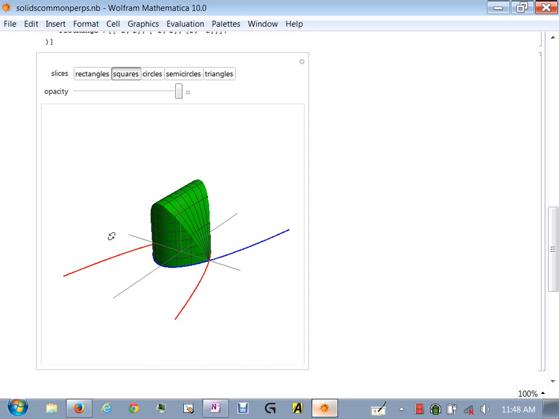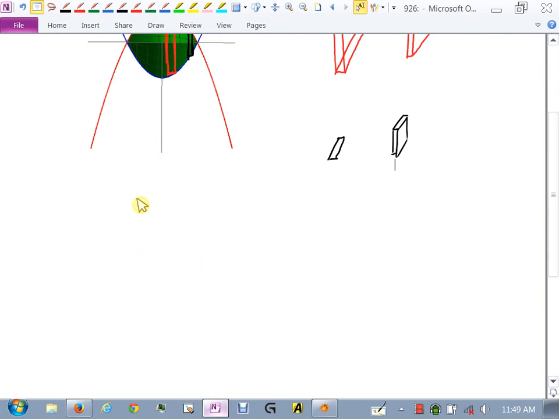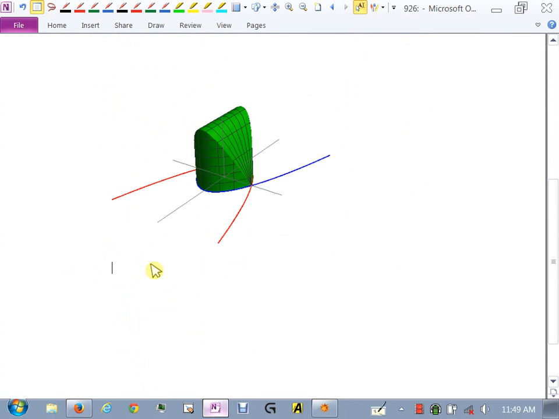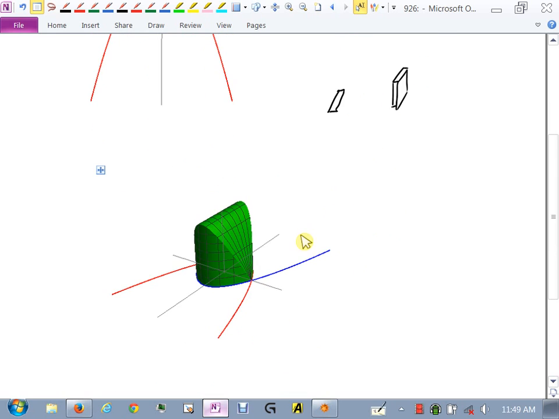Okay, so what I was trying to get you to see was, remember I said I had these little squares in here, or these little parallelepipeds? One of those is in here. Let's say the red one would be somewhere around here. Do you see it?